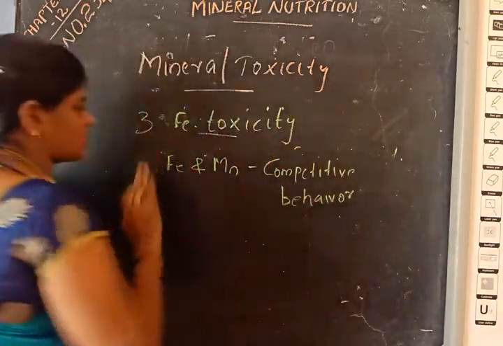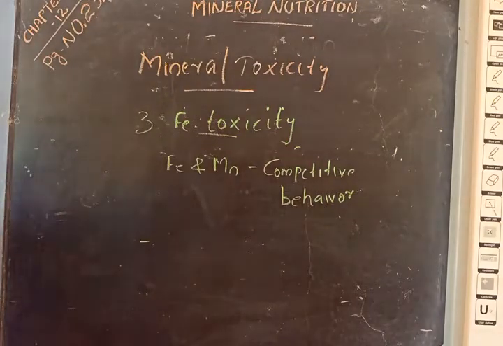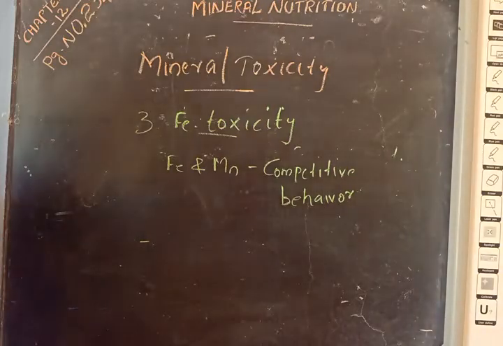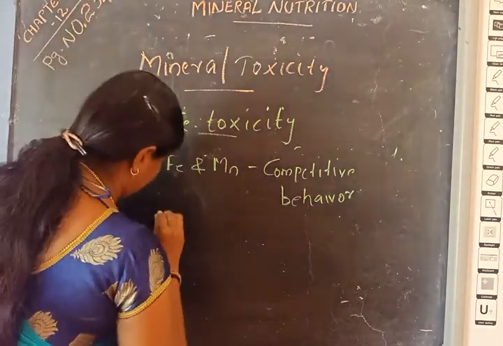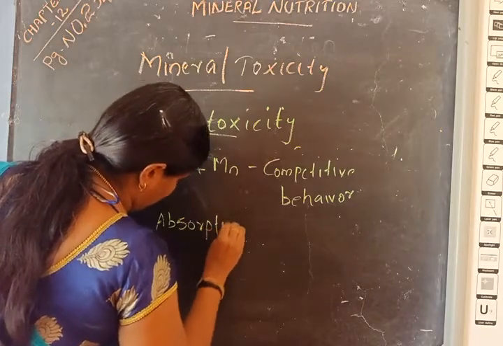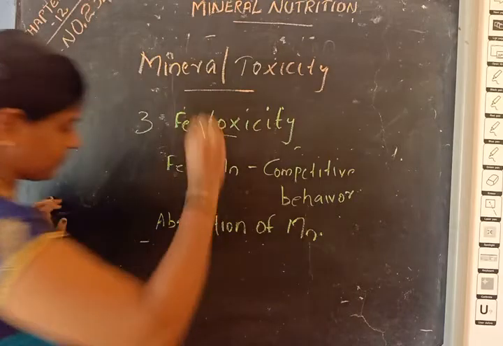The increased concentration of iron may affect the uptake, or the absorption, of manganese. So, iron toxicity will affect the absorption of manganese.